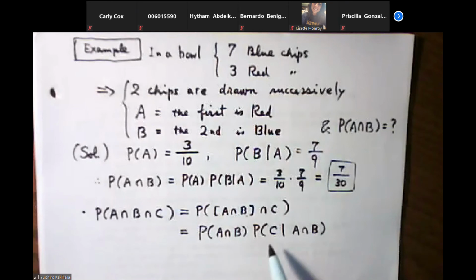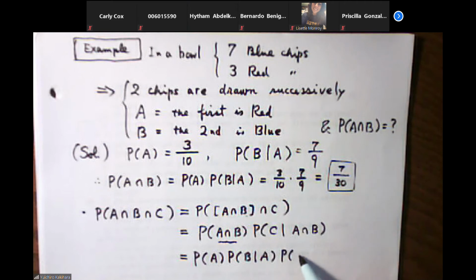One more time, for the intersection A and B, we can rewrite this part as P of A times P of B conditioned by A. Is that right? In the 2 event case, we can write it like this. And then the last one, P of C conditioned by A intersection B. This is a product of 3.